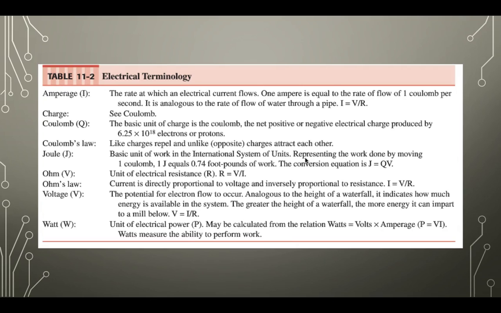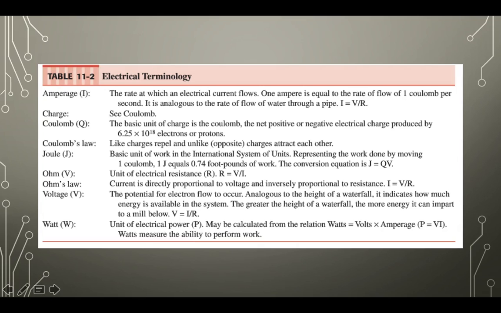So when we start talking about creating a battery and creating a current flow, like charges are going to repel each other. We'll talk about that a lot more when we talk about iontophoresis as well. A joule is the basic unit of work. One joule is the work it takes to move 1 coulomb.